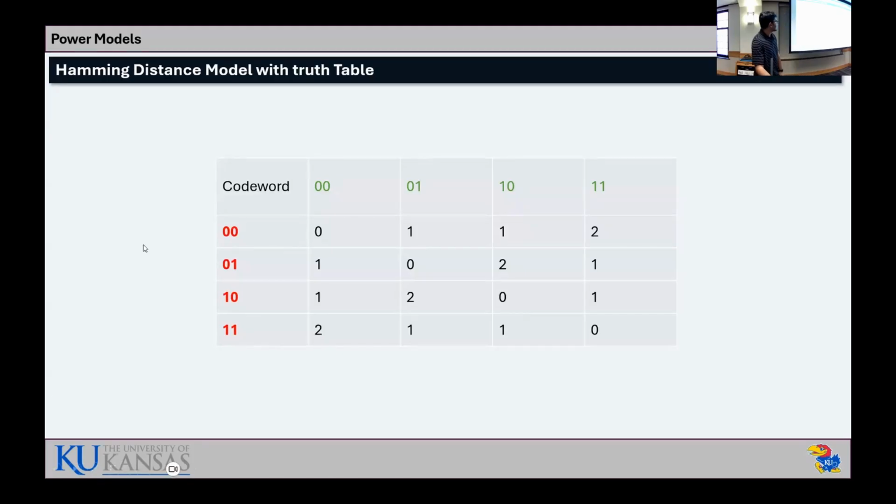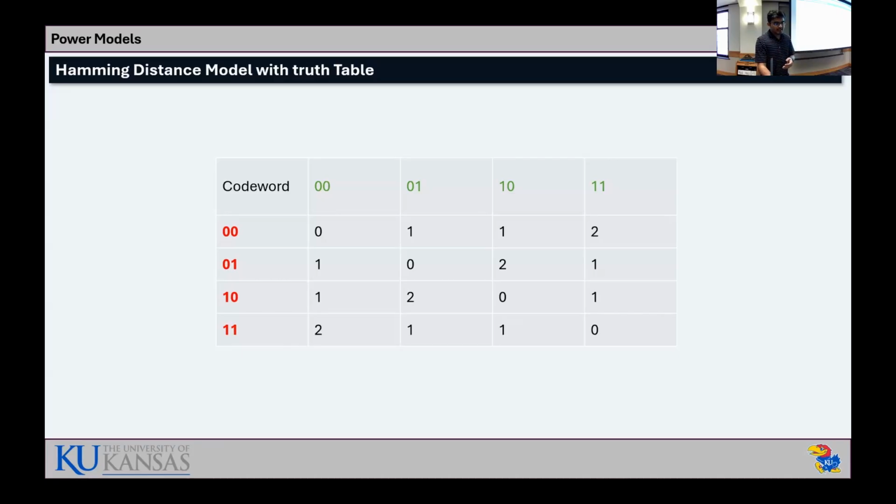Suppose in the first state you have 0 0 for T0, when you started the operation. Your input was 0 0, and then in the next operation it stays at 0 0. What will be the Hamming distance? Hamming distance means the difference of bits from one operation to the next.